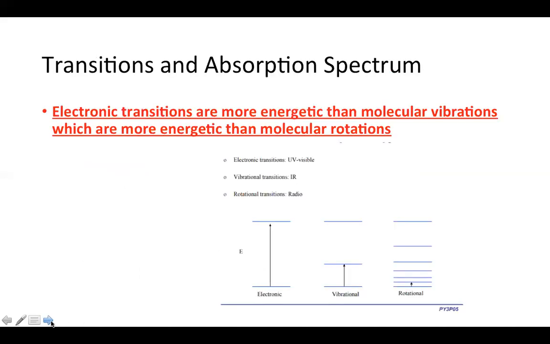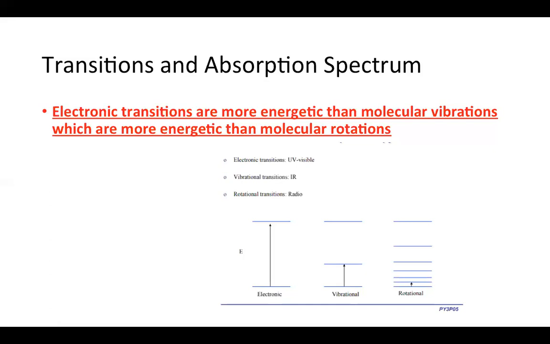All right, so final topic in this video is this idea of transitions and absorption spectrum. So 3 types of transitions we can look at here are electronic, vibrational, or rotational. The electronic transitions are going to be more energetic than vibrational ones, which are going to be more energetic than rotational ones.